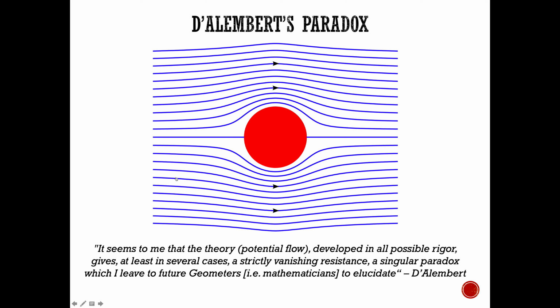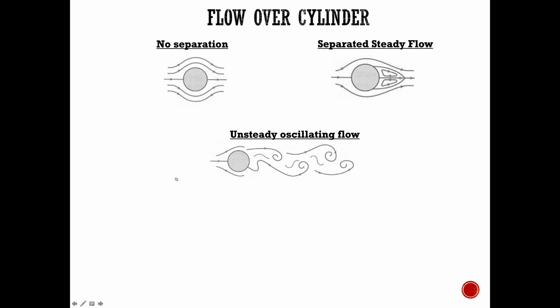Right? So you may wonder, how does flow around a cylinder actually look? Flow around a cylinder is a classical case. People study this a lot because it has some very interesting features when you expose the cylinder to different Reynolds numbers. Here are three different flow fields that a cylinder can experience.